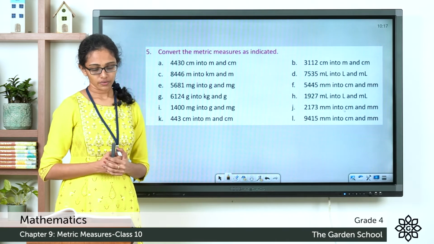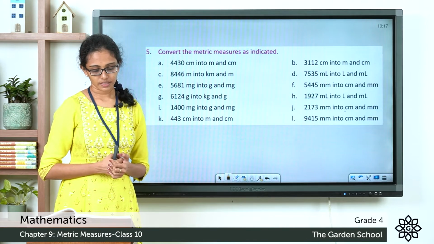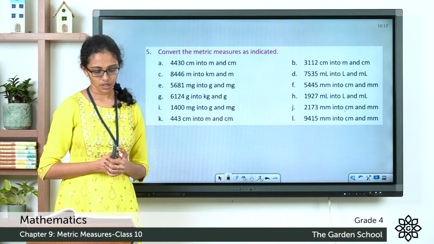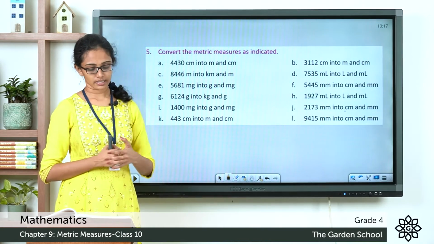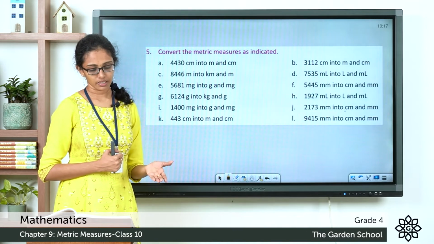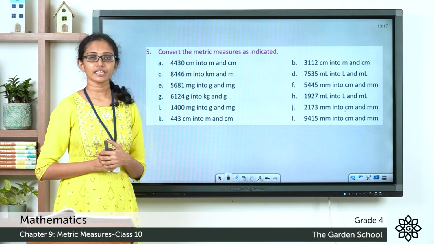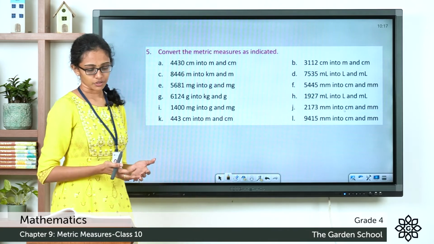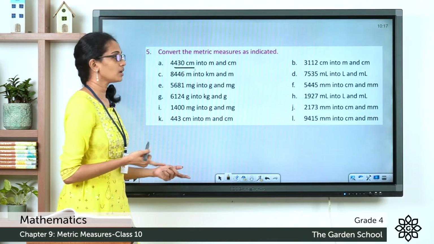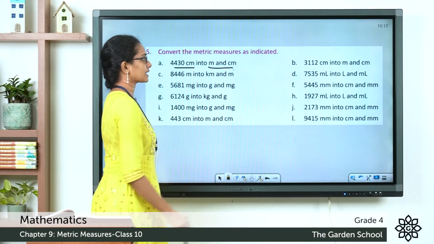Question number 5. Convert the metric measures as indicated, and you have there a set of 12 questions given for converting from one unit to another. The first question is 4,430 centimeter into meter and centimeter. So you are given a measurement in terms of centimeters, which you have to convert into a combination of meter and centimeter.